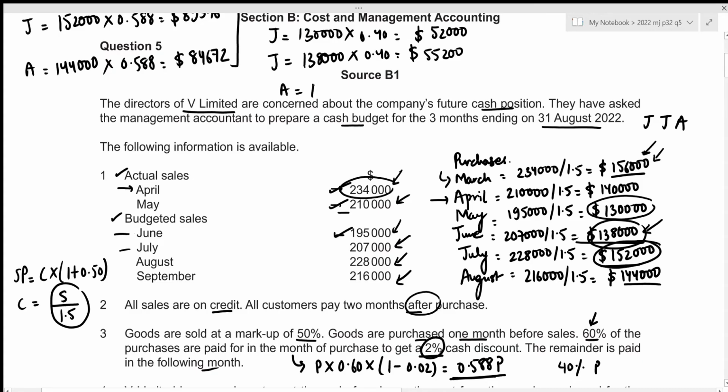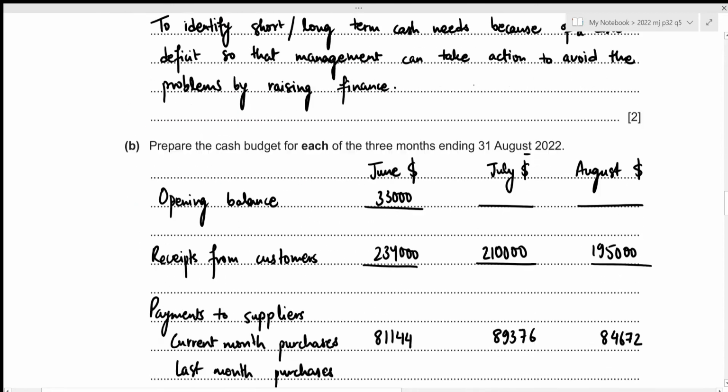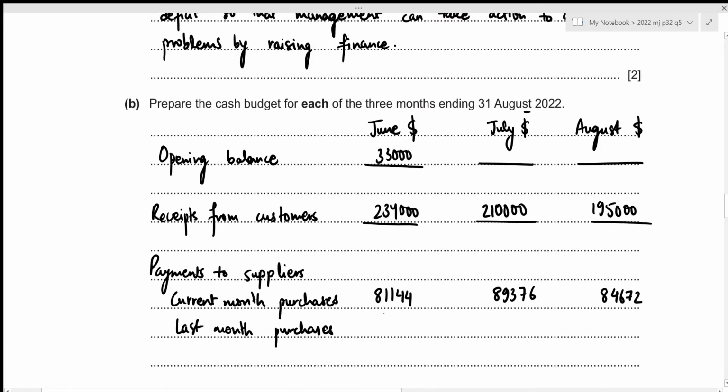So that's 152,000 times 40%, which results in the amount of 60,800. Now let's write these 3 months in our budget. So the first one was 52,000, then we had 55,200, and then we had 60,800.